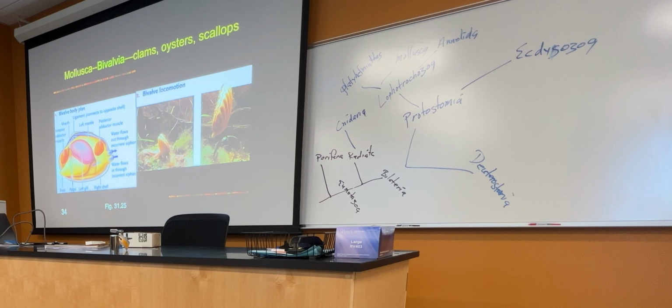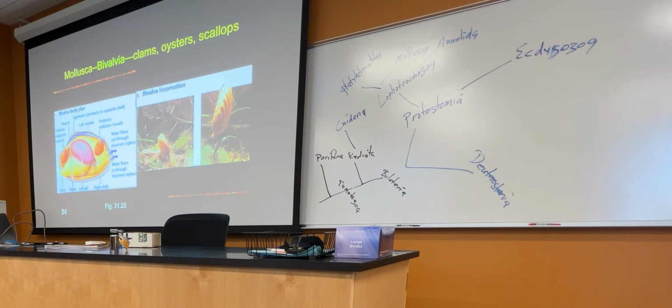Now, when they feed, they have two large muscles that go from mantle shell to mantle shell. These are called adductor muscles, anterior and posterior adductor muscles. When they contract, they bring the mantle shells together into a watertight system, so as the edges of the mantle come together, no water can escape.